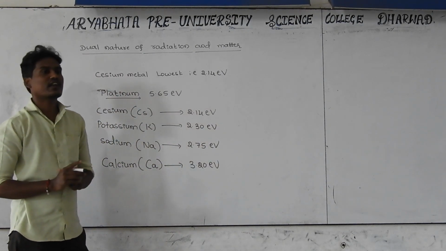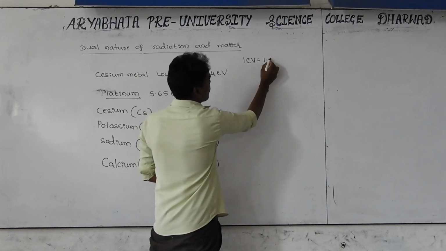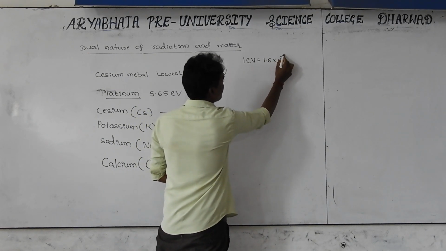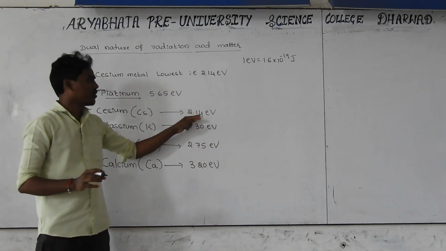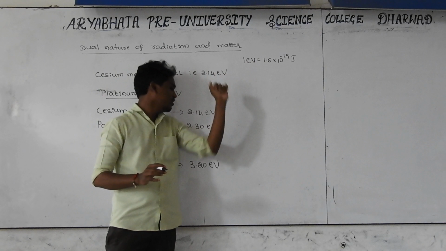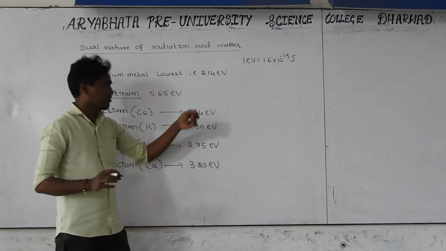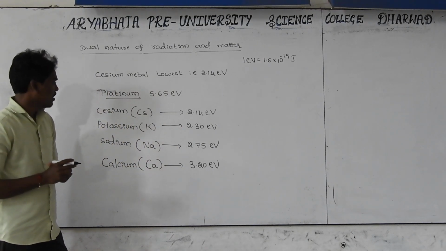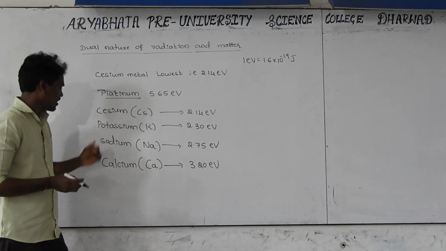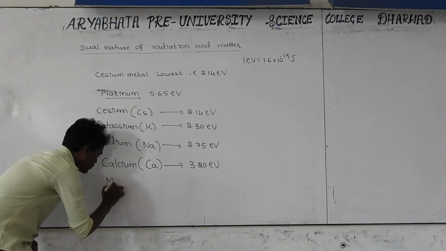You know very well, 1 electron volt is equal to 1.6 into 10 to the power of minus 19 joule. Means here 2.14 into this value, here 2.30 into this value, and 2.75 into 1.6 into 10 to the power minus 19 joule. And here cesium, potassium, sodium, calcium.